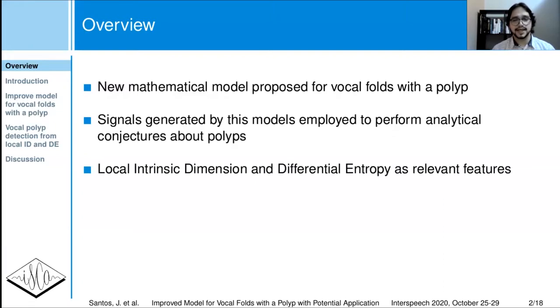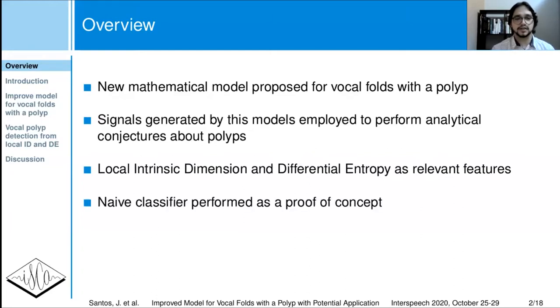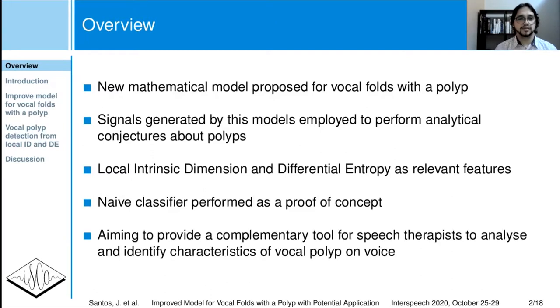So we could see that intrinsic dimension and differential entropy might be relevant features to discriminate it. So we performed a naive classifier as a proof of concept to verify it. We verified this relation. And with this work, we aim to provide a complementary tool to help speech therapists or other specialists analyze and identify characteristics of vocal polyps on voice.